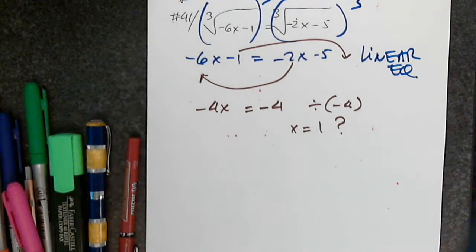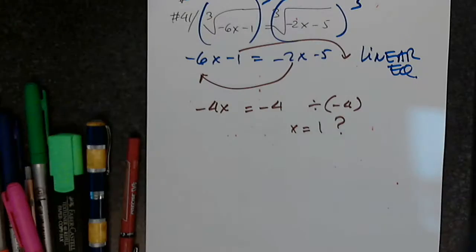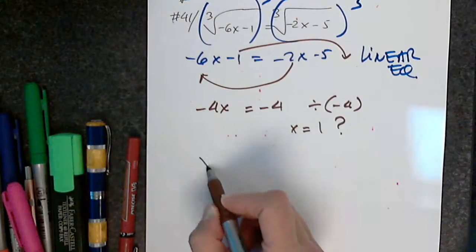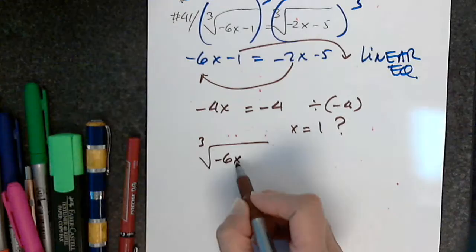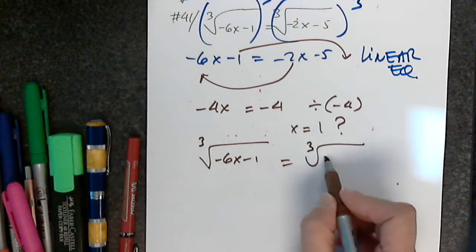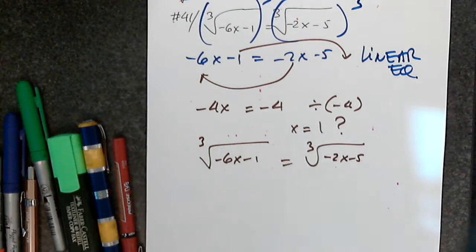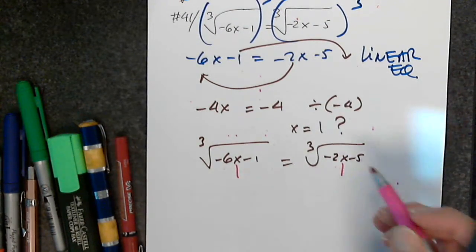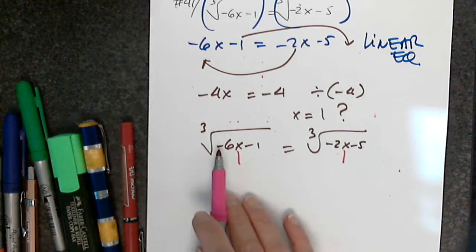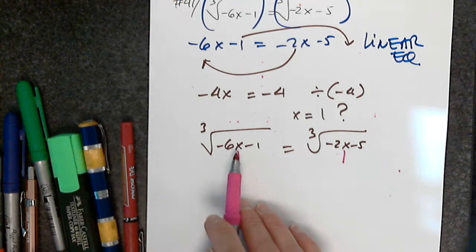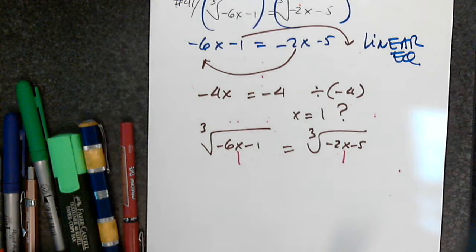Whatever we get, they will all work. But I still have to show that I checked to make sure. So this is the cube root of negative 6x minus 1, and this is the cube root of negative 2x minus 5. And I am checking 1. So how much is negative 6 times 1? Negative 6 minus 1?